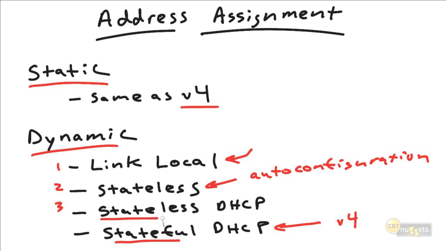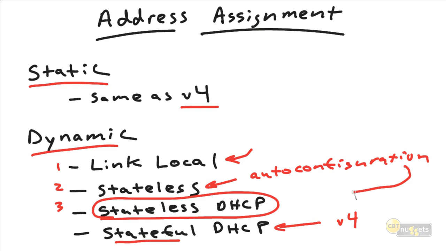Well, that's the job in v6 of what we call stateless DHCP. You see, you let the devices auto-configure their addresses, but then you use DHCP for everything else. Default gateway assignments, DNS assignments, domain name assignments, etc. So, more differences in the wonderful world of IPv6.